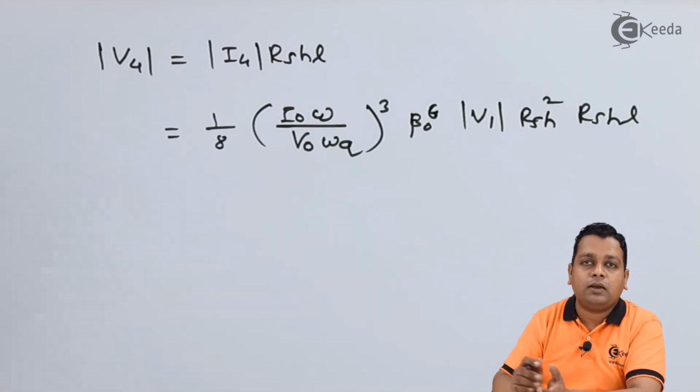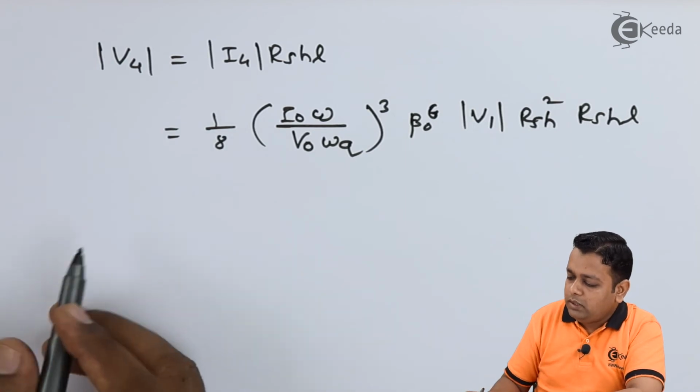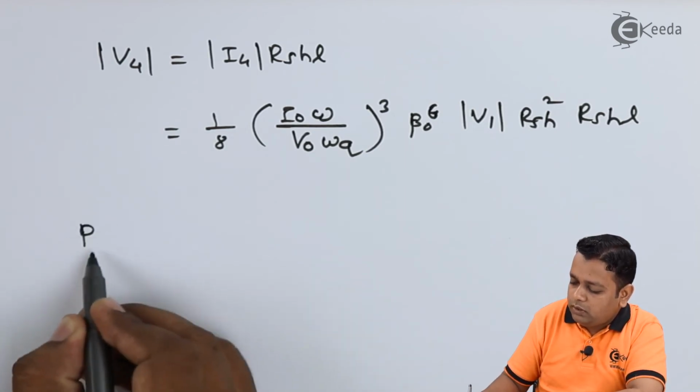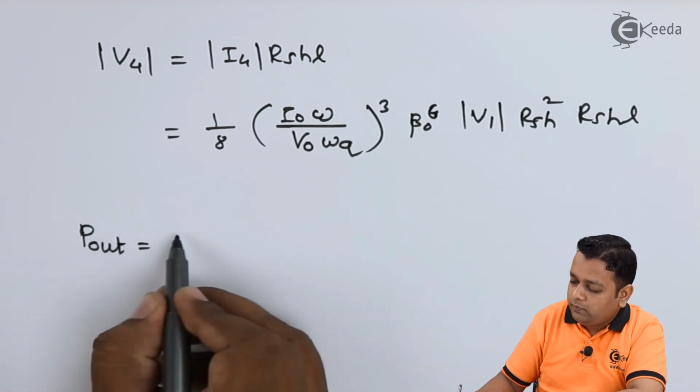So here RSHL is the shunt resistance including the external loading, so that we can take out the RF output here.